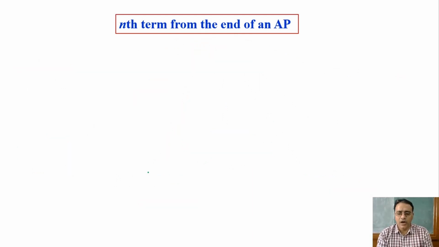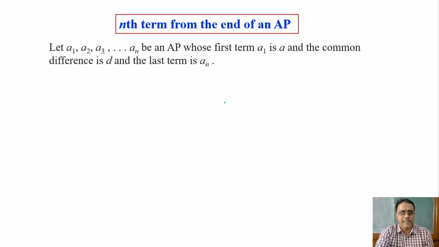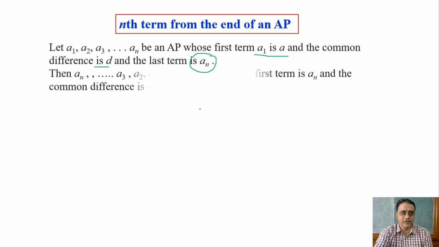So how we have to solve, just you see. Let A1, A2, A3 up to AN be an AP, whose first term is A, that is A1, and common difference is D, and the last term is AN. So if we write the AP in reverse order, then also the numbers are in AP. If we write all the numbers in reverse order, then also it will be in AP.